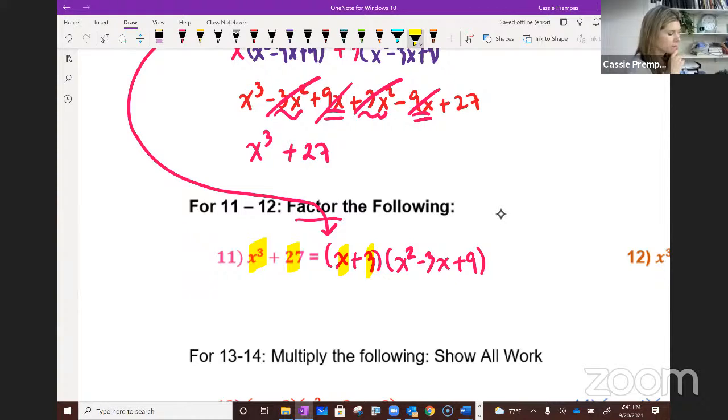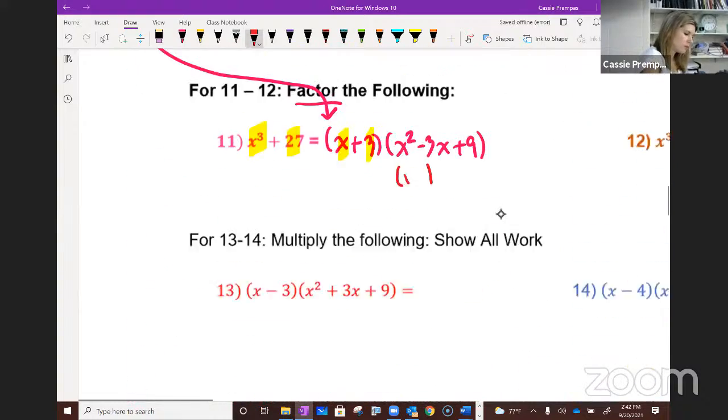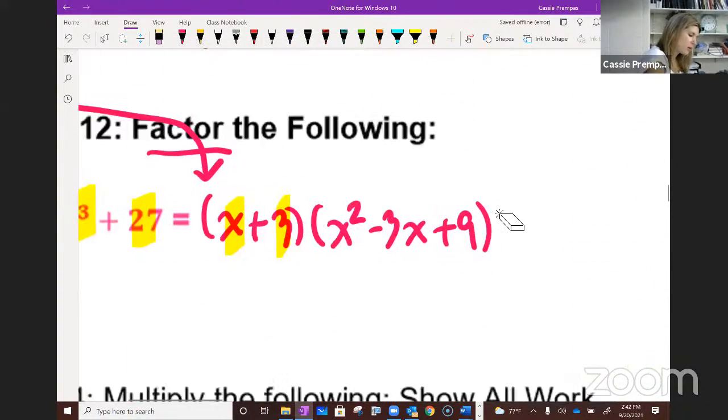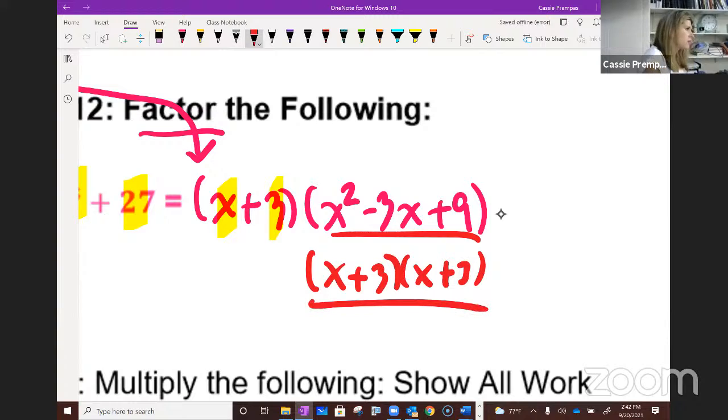Also, for example, in the parentheses, what if it was just three of these? If you multiplied x plus 3 times x plus 3 times x plus 3, so I know what you're thinking, is this the same as this?